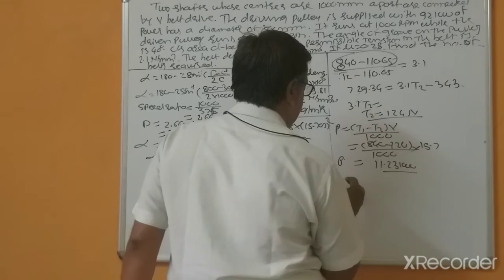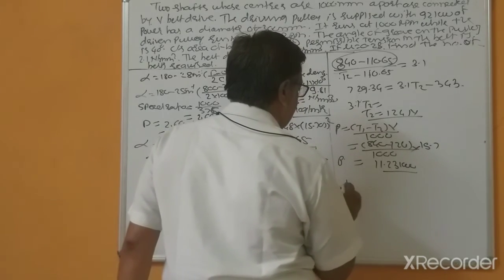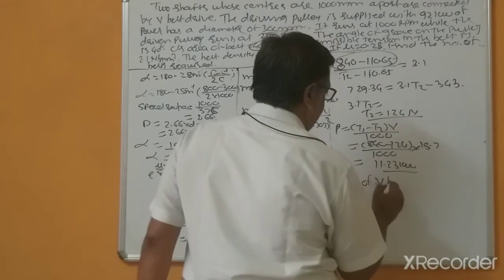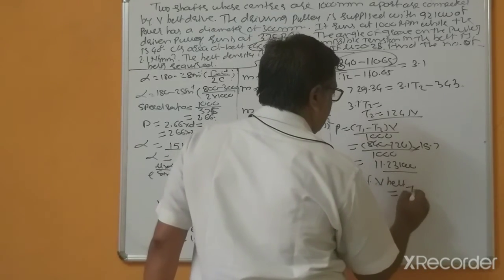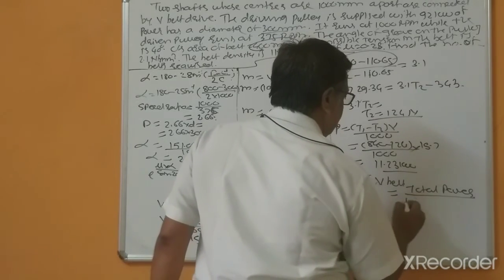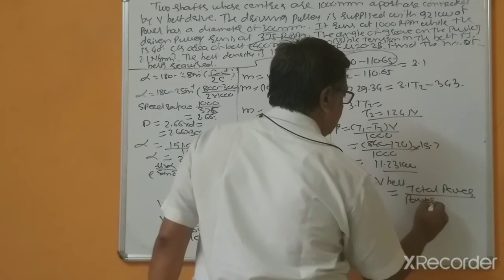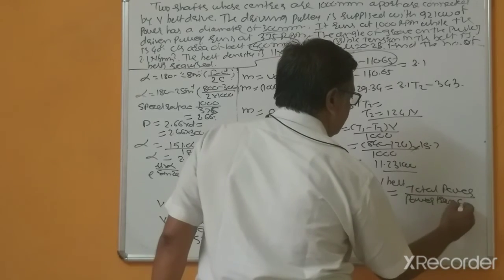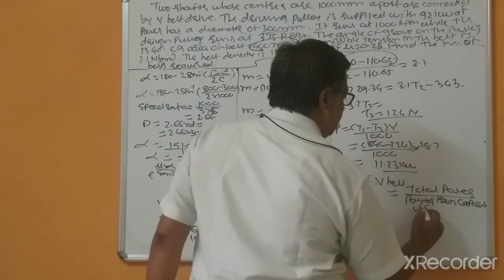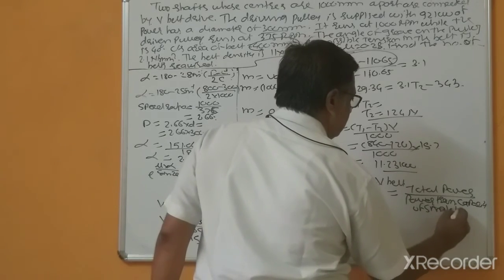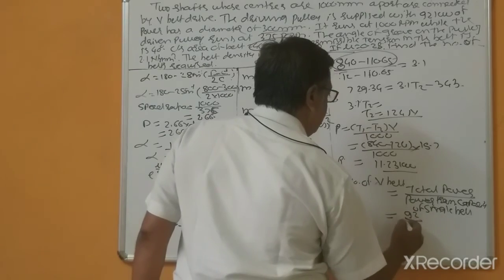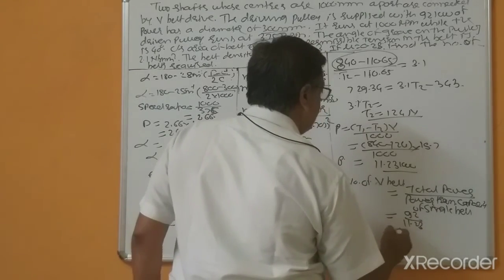This means it is correct. So that's why number of V belts equal to total power divided by power transmission capacity of a single belt, and this is equal to 92 divided by 11.23.